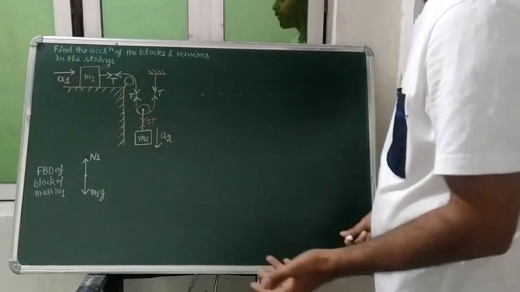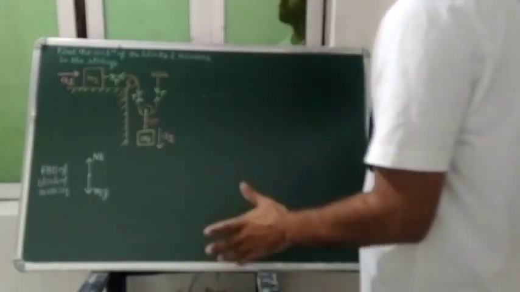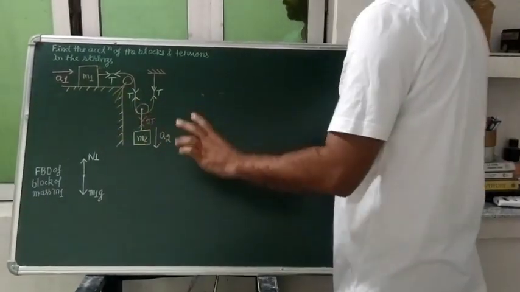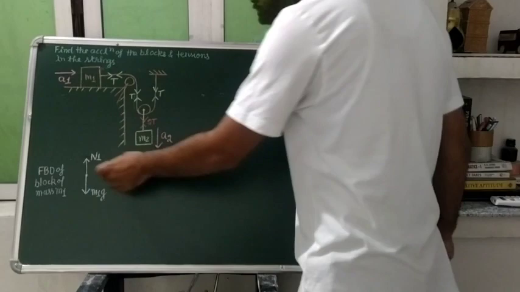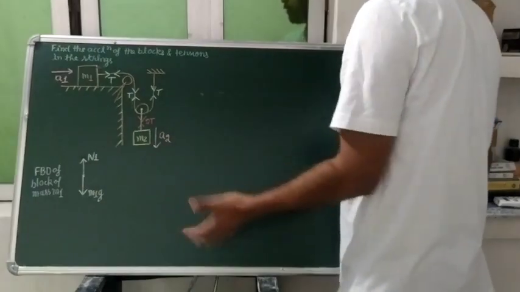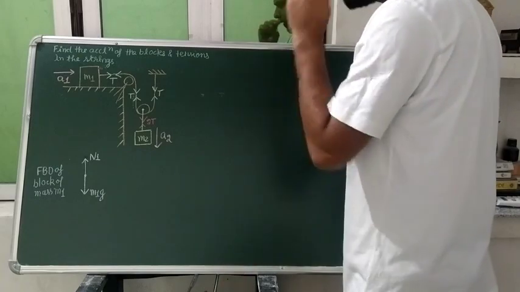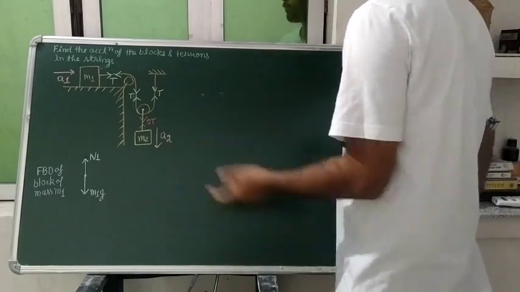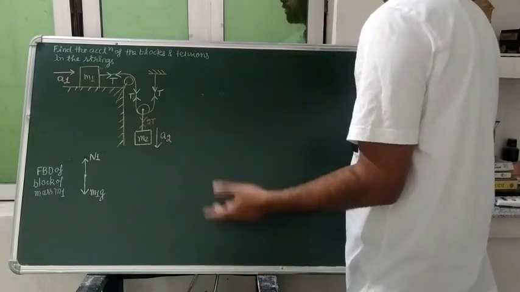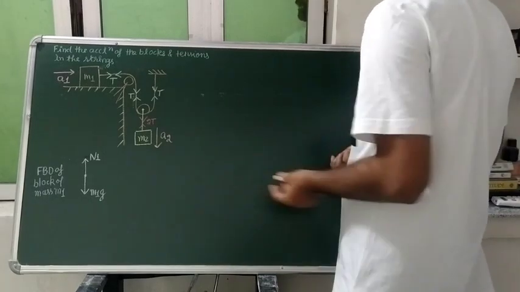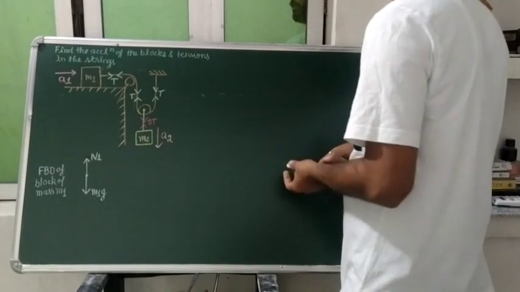When will that happen? In an elevator, when it accelerates. So there you will get different lengths, but here the lengths will be the same, since we know that no acceleration is present in the y direction. Suppose we are saying y direction in this way, so they will get balanced out.